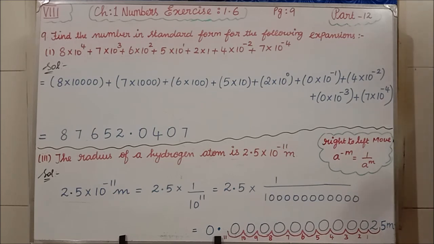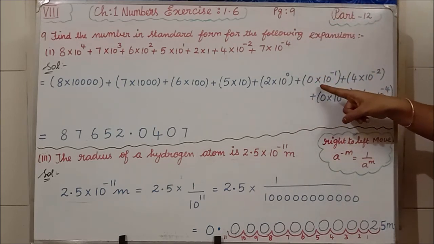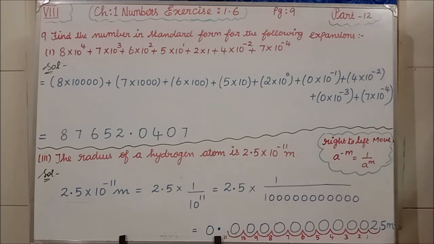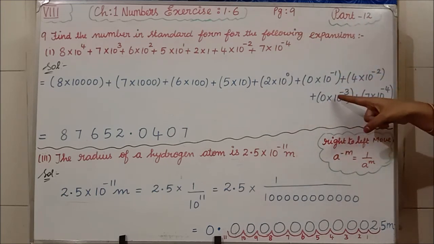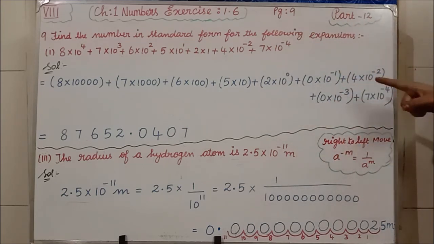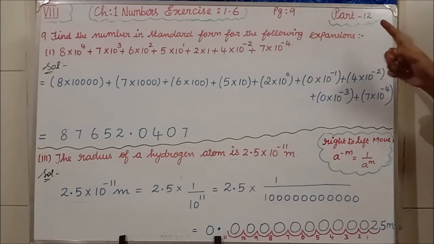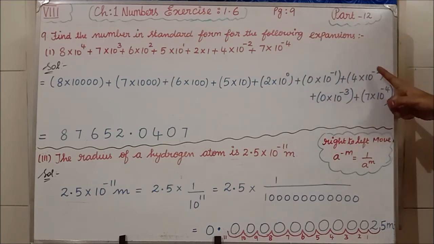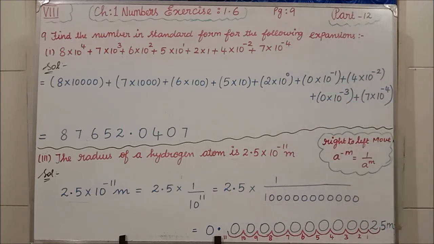Clear all of you? Before minus 2 we need minus 1. That minus 1 is missing, so we are writing 0 into 10 power minus 1. After minus 1, minus 2 they are given. Then after that minus 3 is not given, so 0 into 10 power minus 3 plus 7 into 10 power minus 4. Wherever we are having minus, that will come after the decimal places.